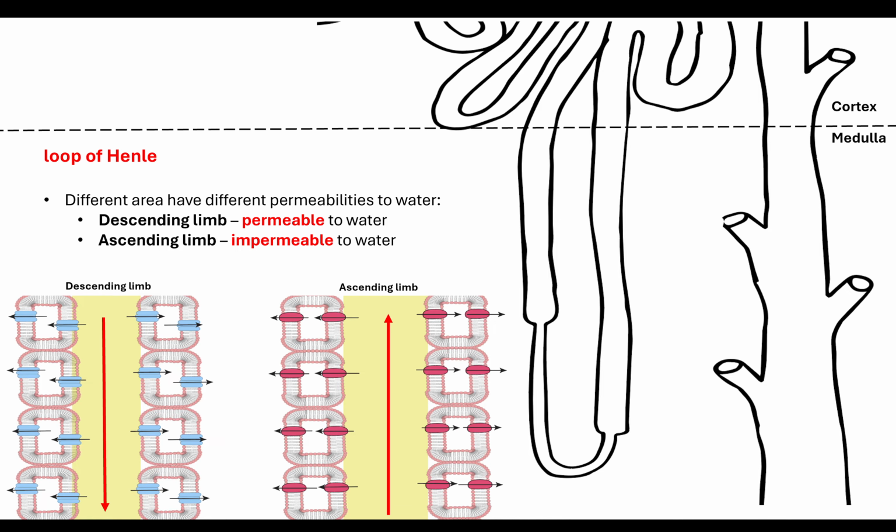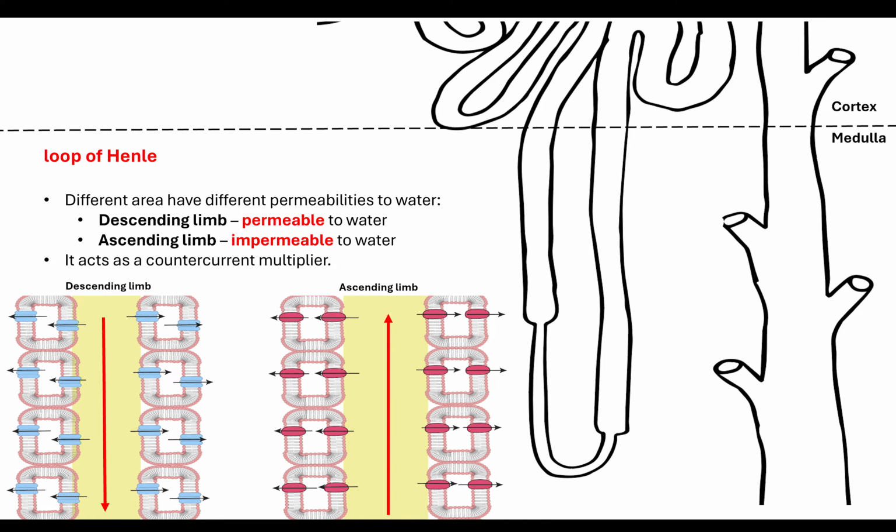And what we now know is that the loop of Henle acts as a countercurrent multiplier. What that means is that as the nephric filtrate makes its way down from the proximal convoluted tubule, at the end of the proximal convoluted tubule it is at an isotonic point with the blood.